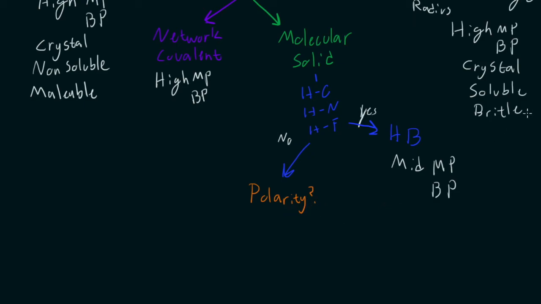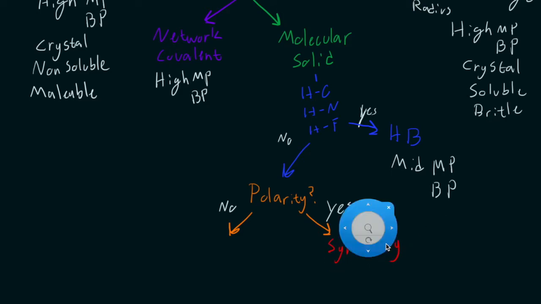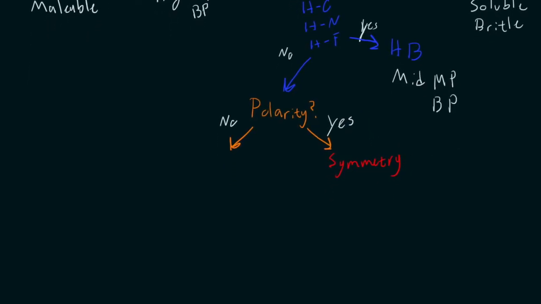And then if we do, let's go to the right with yes, to the left with no. If we do, then our next question is, do we have symmetry? If our molecule is symmetrical, that would cancel out that polarity.